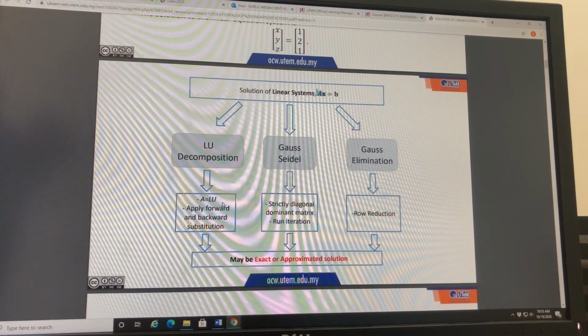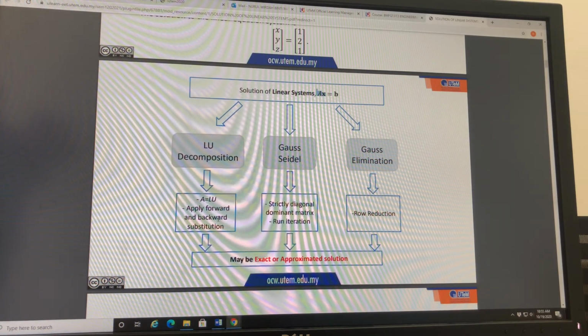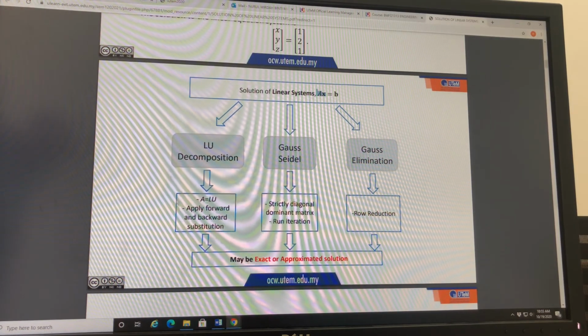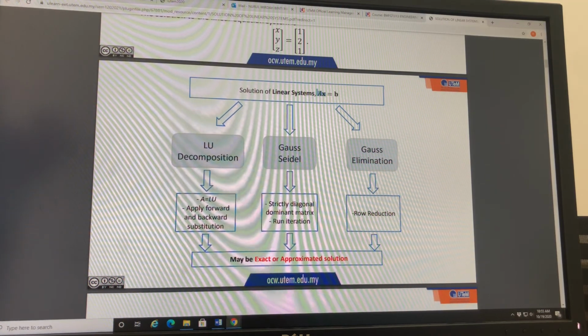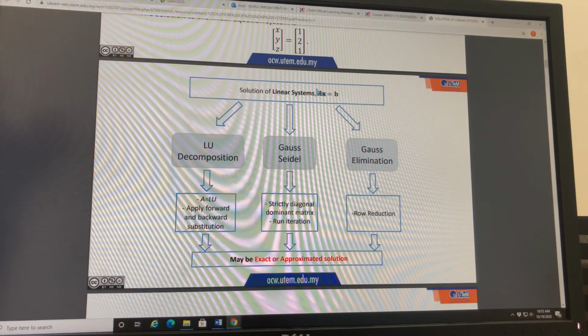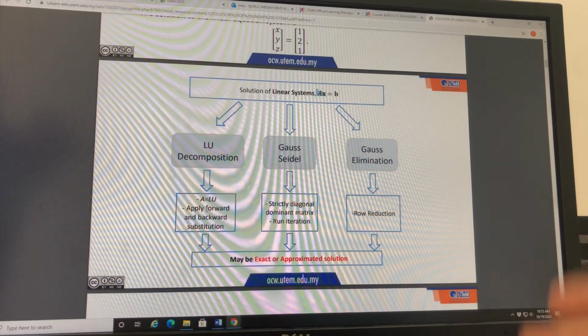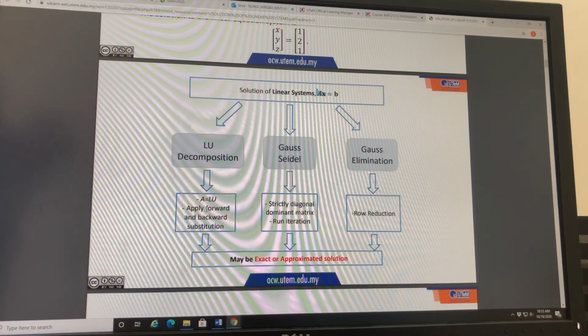Later on I will show you what LU is, because we just go through first. Then how to get the answer? You will apply forward and backward substitution. It's not just these two, there is more, but this is the basic thing you need to know for LU decomposition.